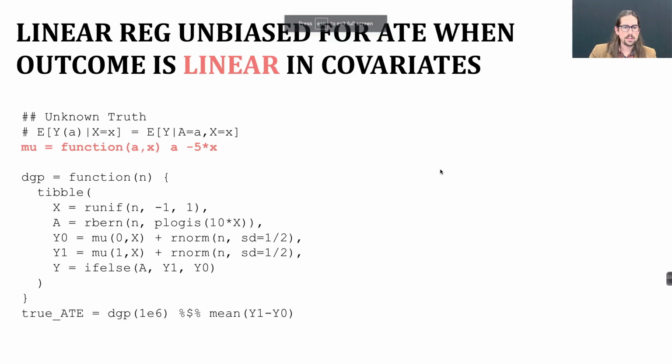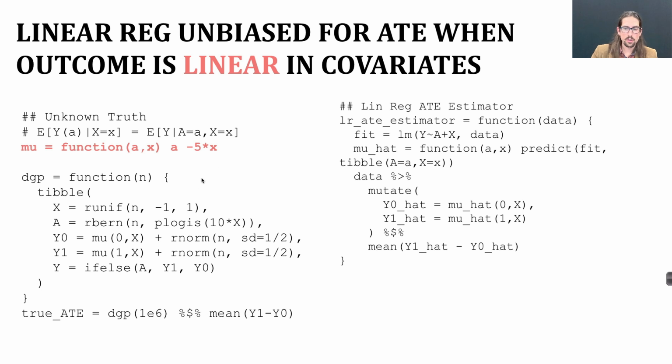So last thing to talk about here. I showed you an example where this linear regression does great. We can estimate the conditional mean very well, and therefore we get a good estimate of the causal effect. Here's another example of doing that. The code is a little bit different, but it's basically doing the same thing.